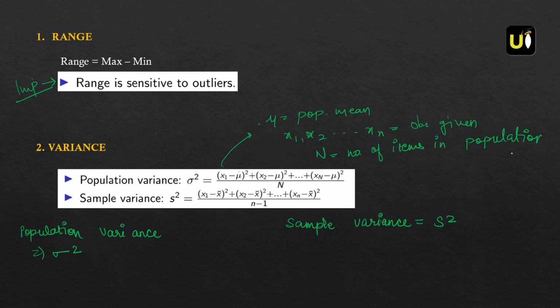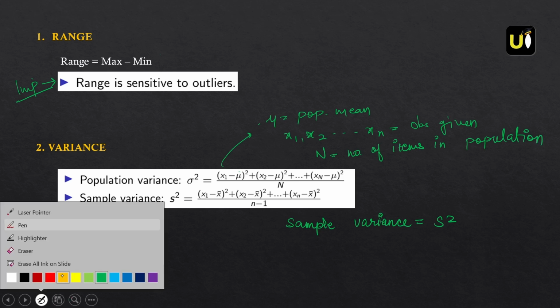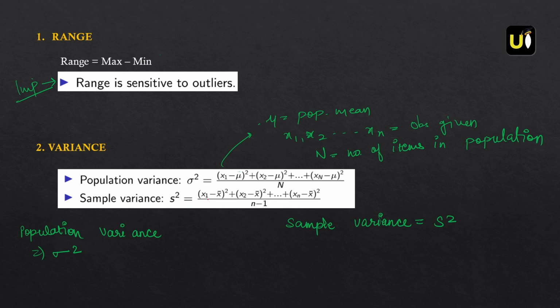Now for the sample variance, we have s square, and here x1 minus the sample mean. So x bar here is the sample mean, and x1, x2 again are the observations given, and here we divide by n minus 1, where n is the number of items in the sample.